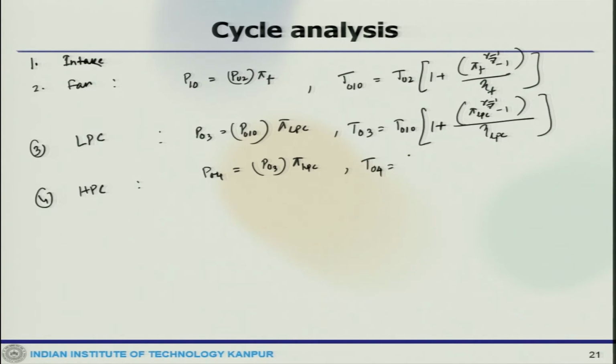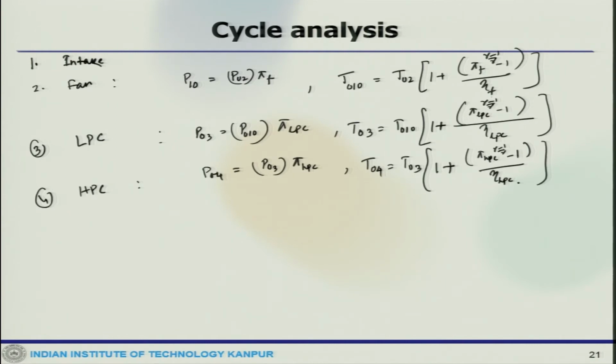So, T04 would be T03 times 1 plus pi HPC to the power gamma minus 1 by gamma, divided by eta HPC.